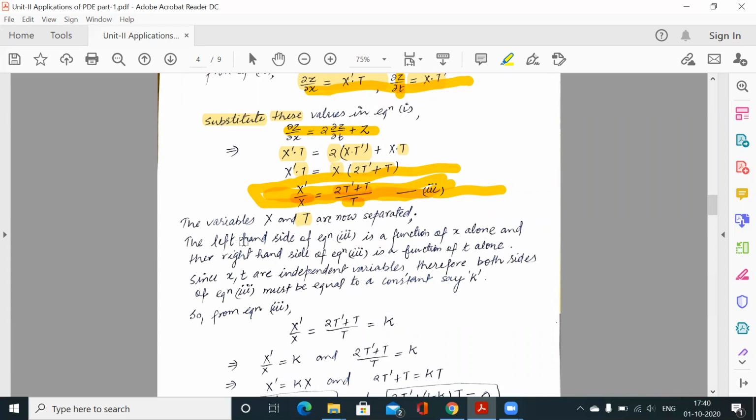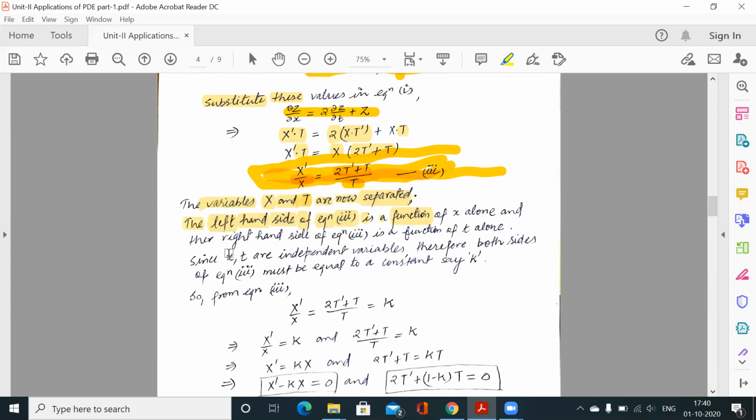So these variables x and t are now separated, because if you observe, on the left hand side we have the function of x, and on the right hand side the function of t. And remember, both variables, small x and small t, are independent variables. So the left hand side of equation 3 is a function of x alone, and the right hand side of equation 3 is a function of t alone.